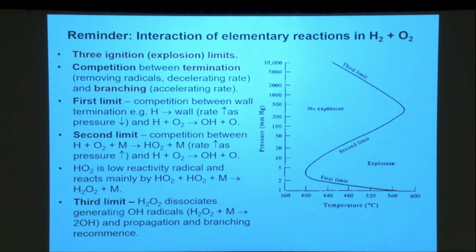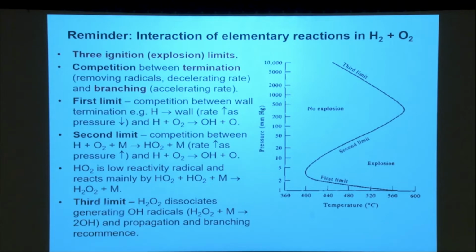So maybe you're thinking, well, HO2 is a radical, so why is that a termination reaction? But in fact, HO2 is a less reactive radical than hydrogen or OH or O. And so effectively, this is a rate-slowing reaction at this temperature and pressure in this regime.